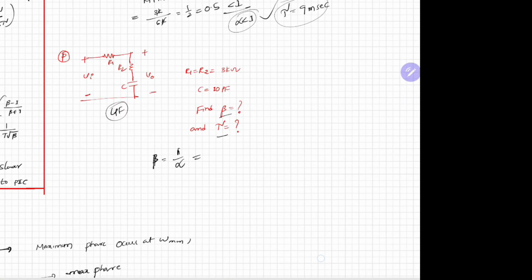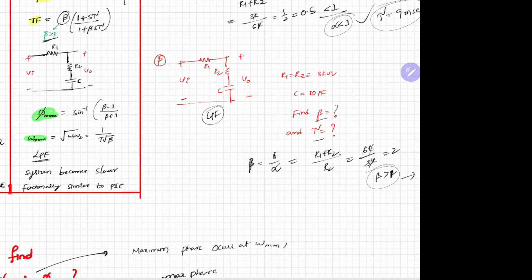So if you reciprocate, it will be (R1 plus R2) by R2, then 6k by 3k. So it is 2. The beta value is greater than 1. So what does it mean? It's a lag compensator.